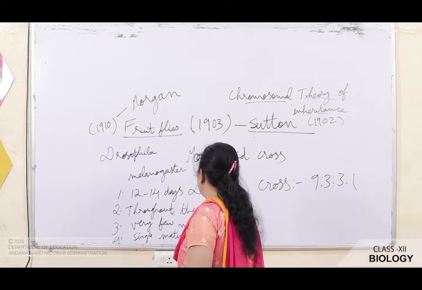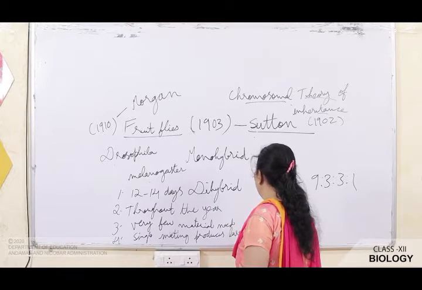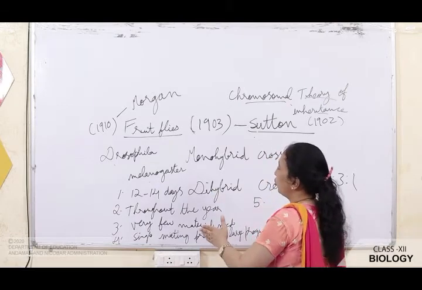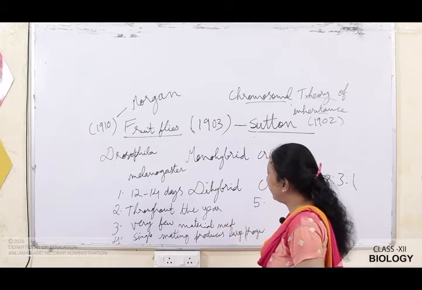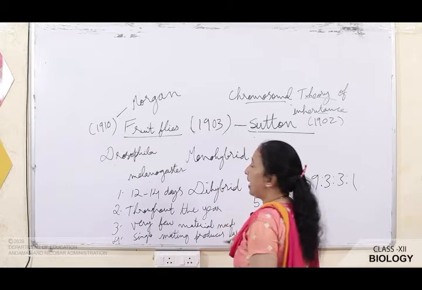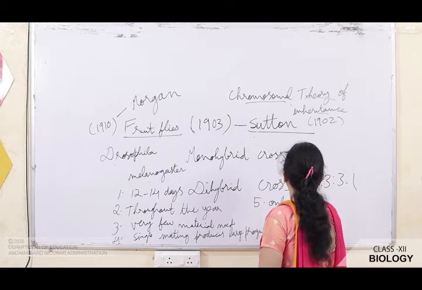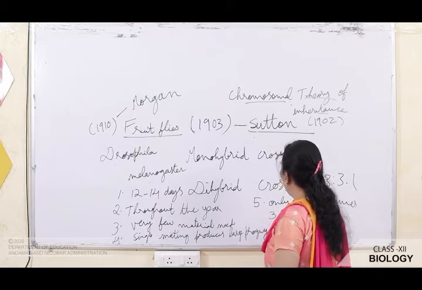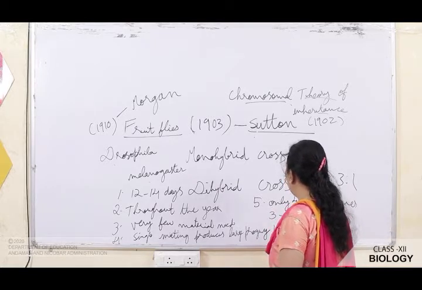And the fifth point, the most important, is that it has only 4 pairs of chromosomes, of which 3 are autosomes and the 4th pair, the last pair, is the sex chromosome.